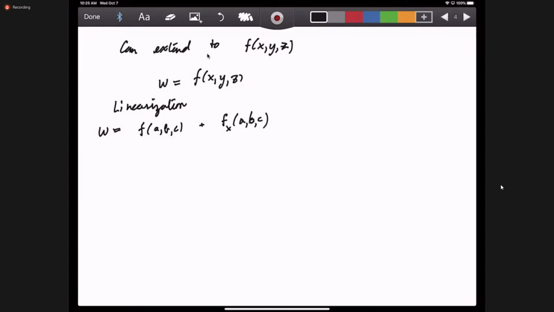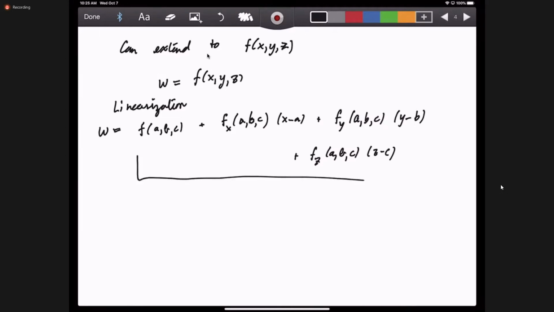Right, so we have the x partial evaluated at (a, b, c) times x minus a, plus the y partial at (a, b, c) multiplied by y minus b, plus the z partial evaluated at (a, b, c) times z minus c. Okay, so that structure, hopefully that pattern is clear.